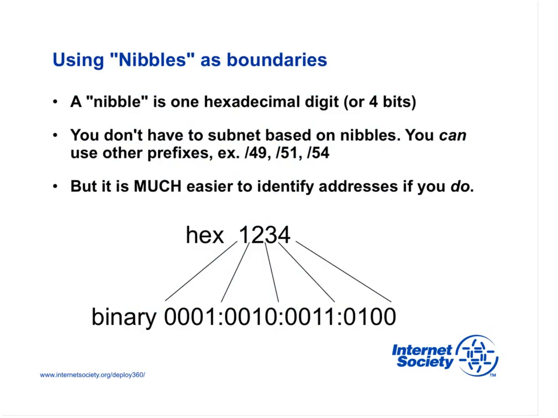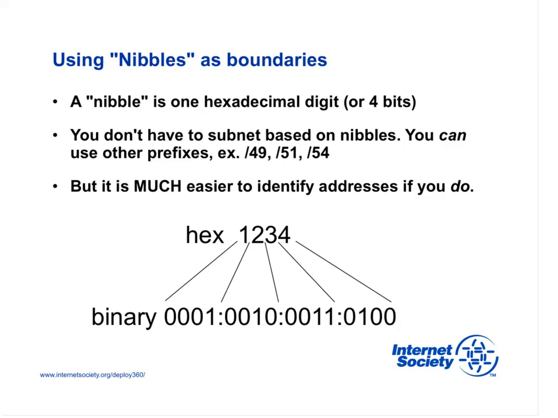Now, I've been talking about /32, /48, /52, all of these things. That's really for simplicity, because each nibble is 4 bits. And so we talk about it in blocks of 4 because it's just easy. From a visual point of view, it's easy to allocate based on these boundaries.